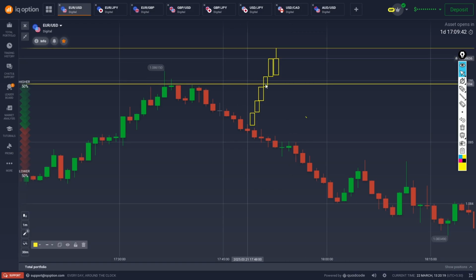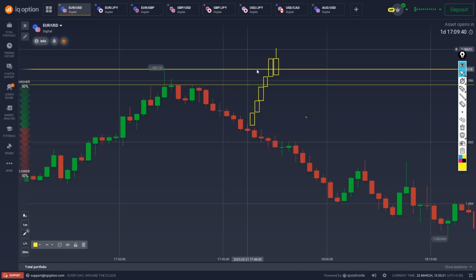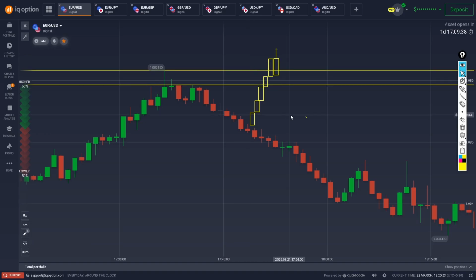But suppose market was here and after that it goes up like this, and the next candle it goes up like this, but it closes here and it created this wick.